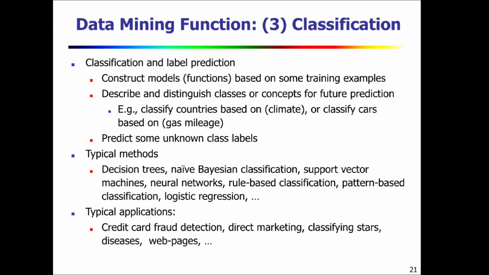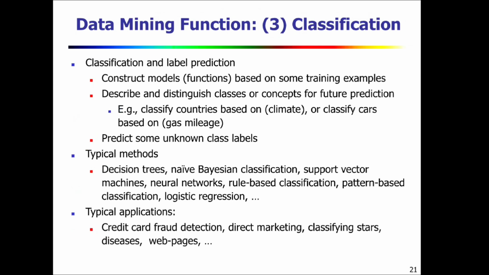Next, you have classification, like classifying data based on its class label prediction. Construct models based on some training examples. So you train on the data and do classification. Describe and distinguish classes or concepts for future prediction. For example, classify countries based on climate or currency, or classify cars based on whether they use gas, petrol, or diesel.